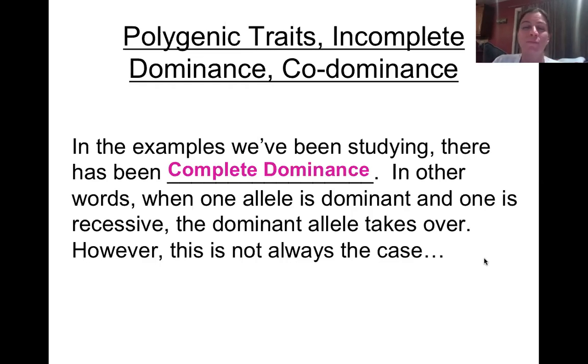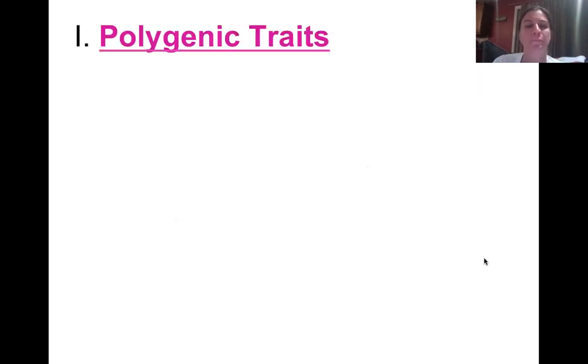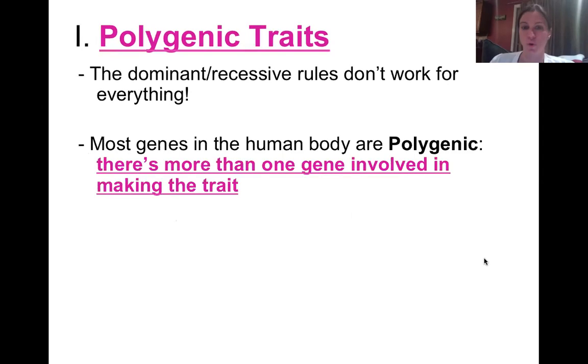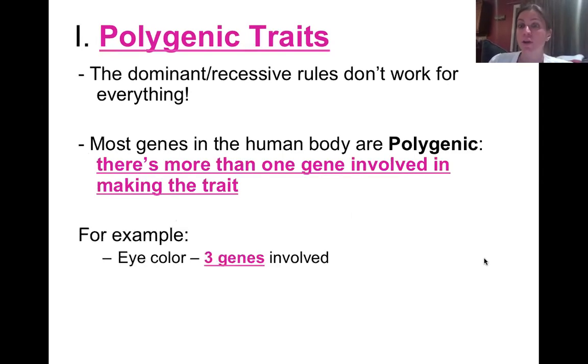So basically what we're trying to get at now is that not all allele combinations work that way. There's something called polygenetic traits, with poly meaning many and genetic meaning genes. So in this case, many genes control a specific trait. For example, human eye color actually involves 3 genes.